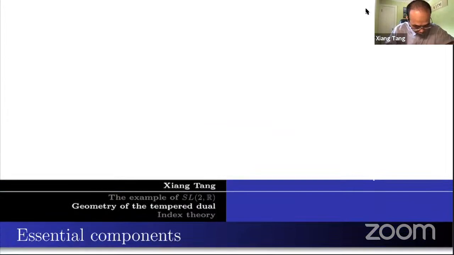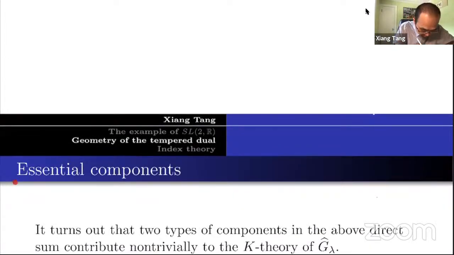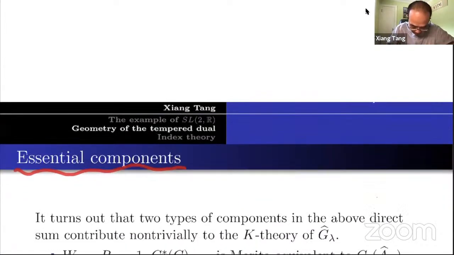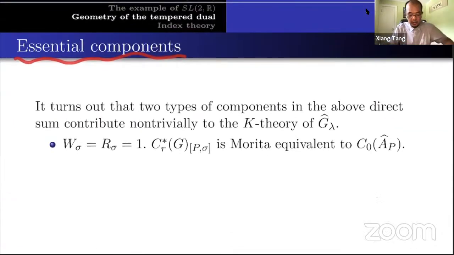So what are the two types of components? These are called the essential components, okay? One is the case where the group W sigma is trivial. Then we just have the simplest possible space in our tempered dual. It's just a vector space.